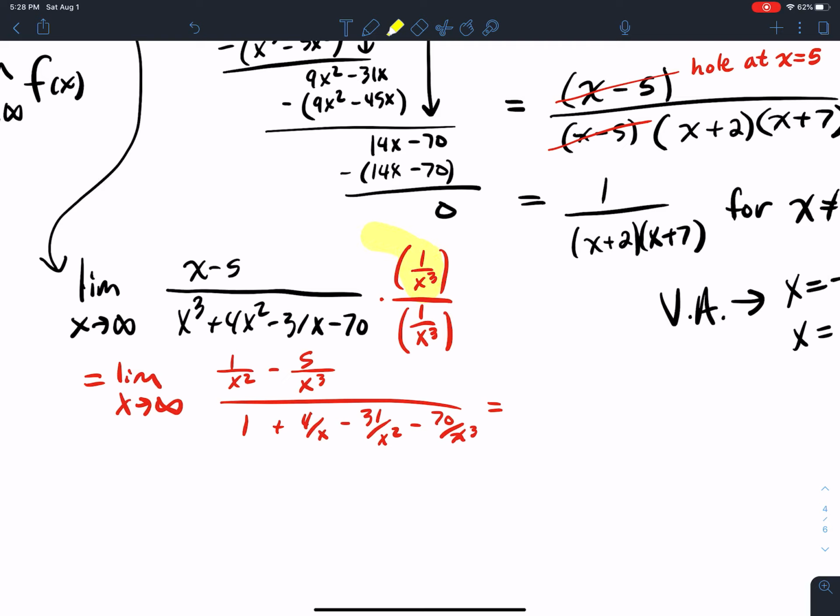And I have 1 over x cubed times -5, and that gives me that term right there. Multiply by -70, I get this term here. Multiply this by -3 over x squared, or x.